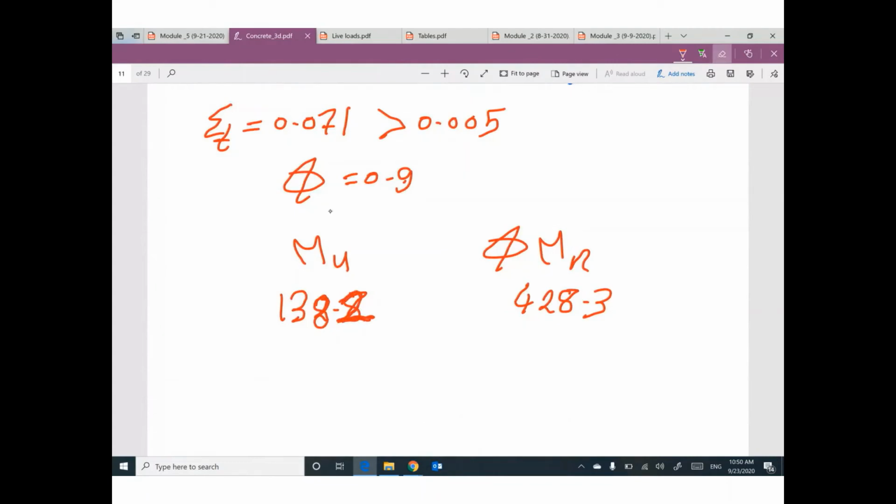What's your final decision? M ultimate is smaller than design moment. Your beams are safe. Your beams are adequate to support this floor.